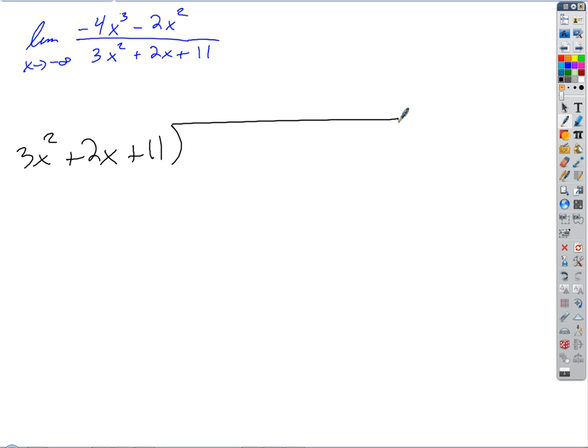Inside the long division sign, which has some fancy name that I don't know, you've got to make sure that you leave a column for every power of x. Otherwise, this can get confusing.